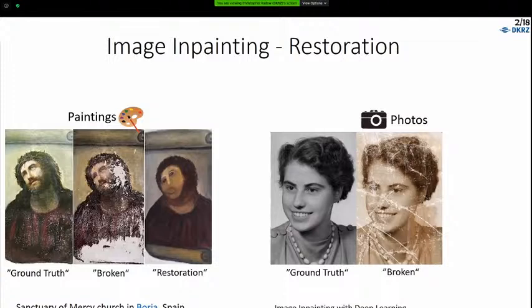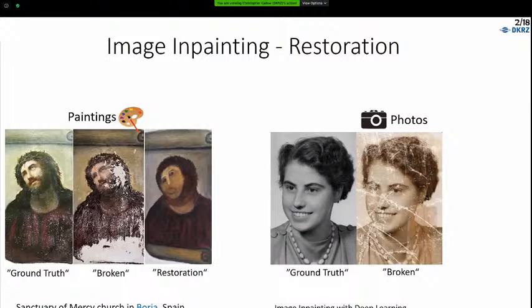This painting restoration went viral over the world. It was a huge success for the church, actually, because a lot of people wanted to see this new image of Jesus. It was a huge success story, but you could agree that it's not really close to the original one.